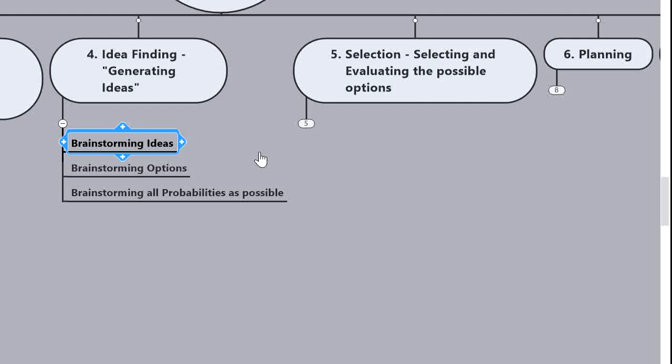We do these brainstorming sessions for days, for weeks, for months, and the more time we give it, the more possibilities we generate.